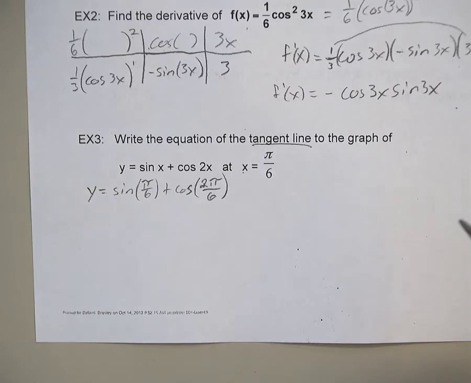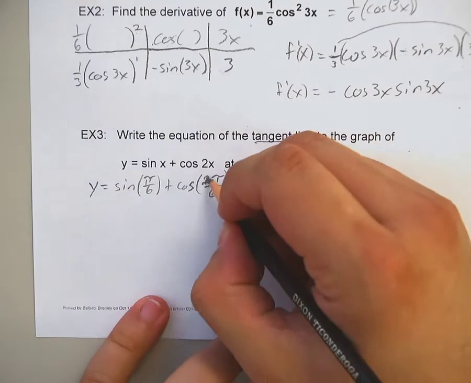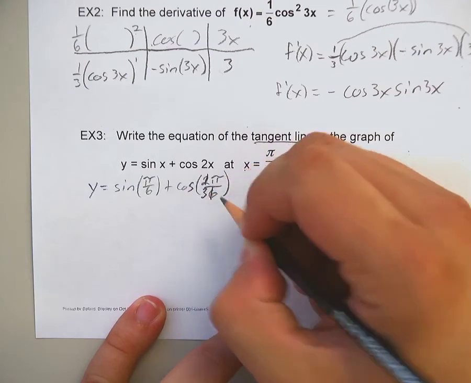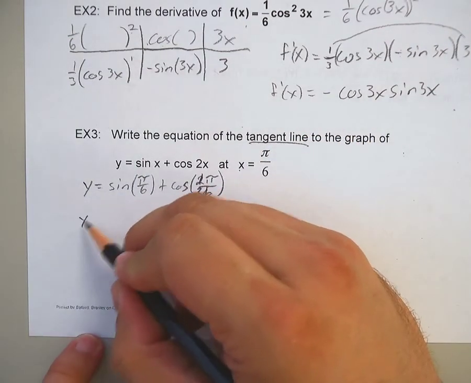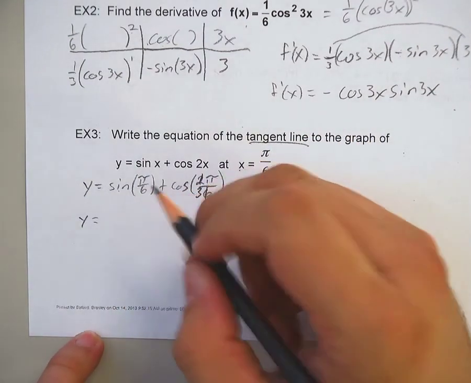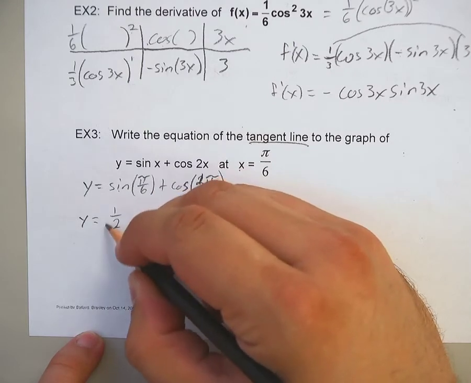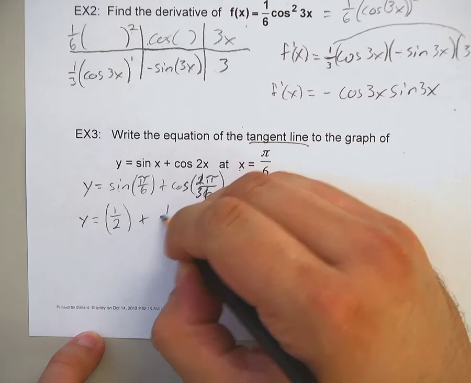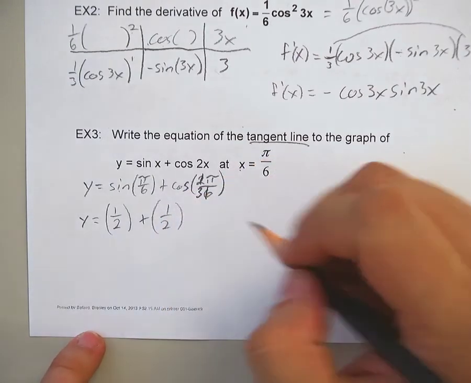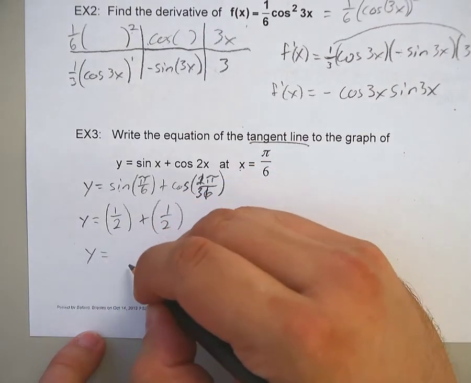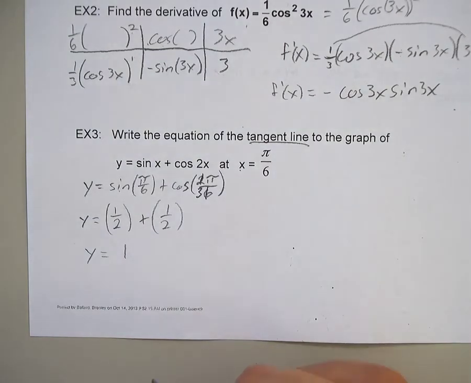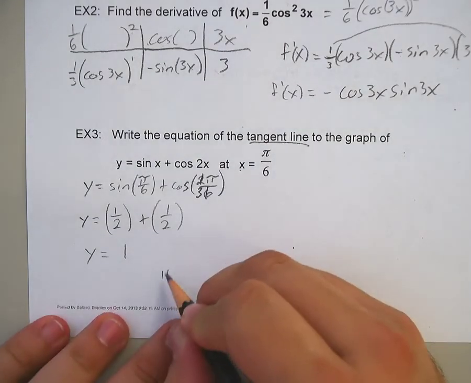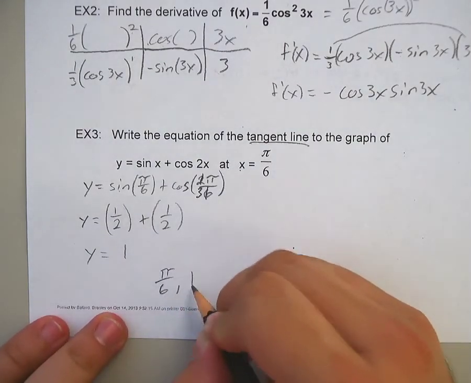All right, so that's going to be, what, pi over 3? The sine of pi over 6 is 1/2 from the unit circle. The cosine of pi over 3 is also 1/2 from the unit circle. 1/2 plus 1/2 is 1. So the point is pi over 6, comma 1.